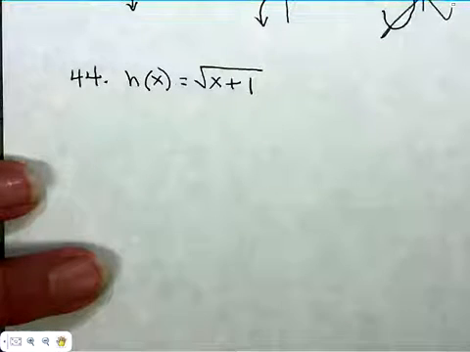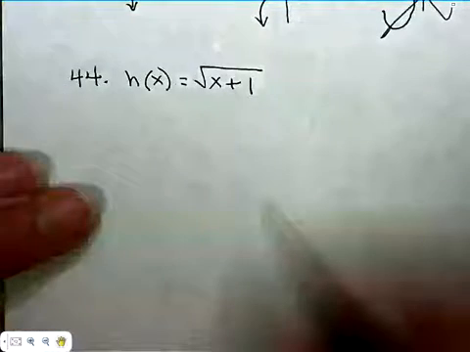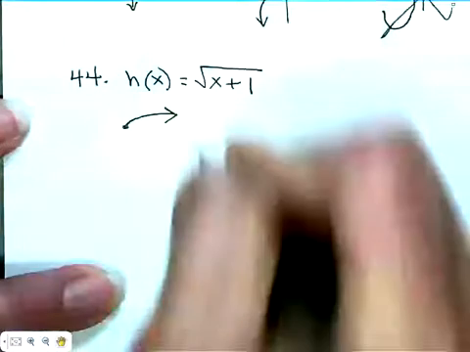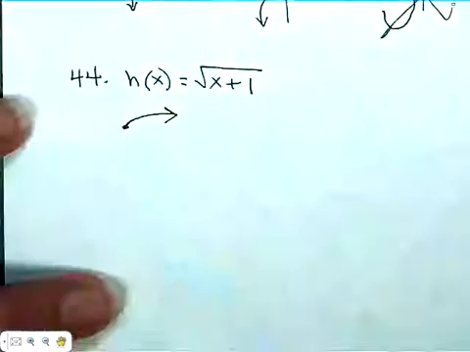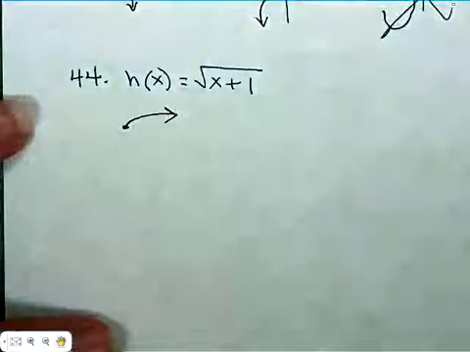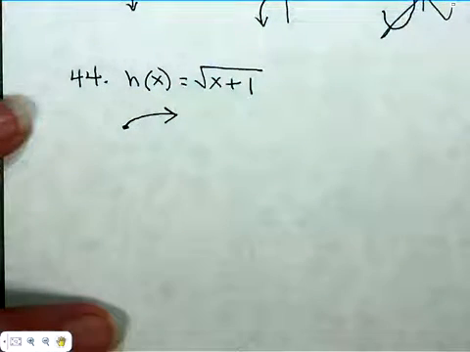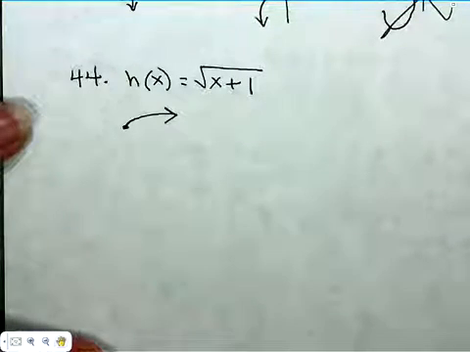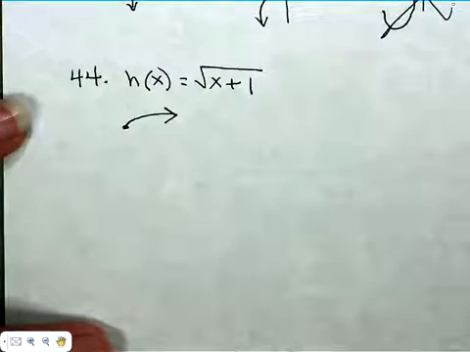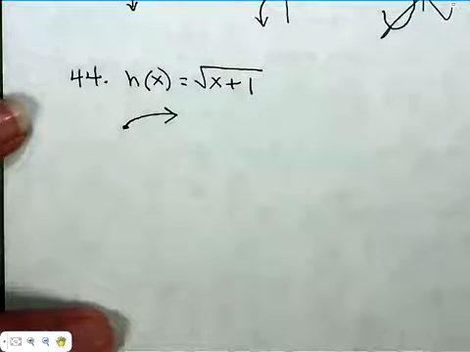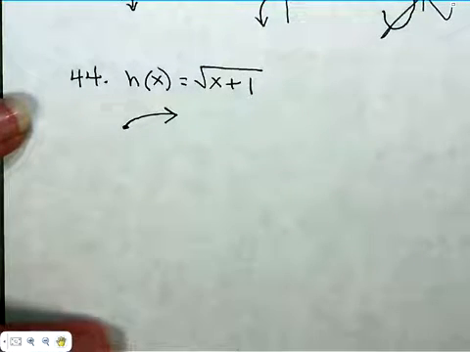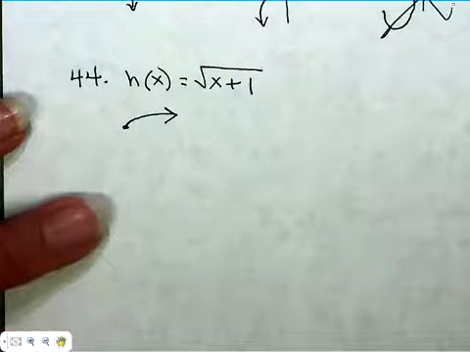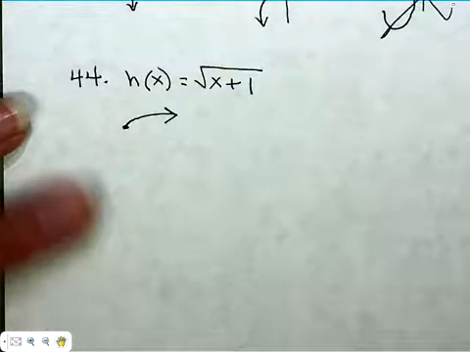That's half a sideways parabola that normally starts at the origin because 0 is the smallest thing you can take the square root of. Now that 1 is under the radical, it's added to x before I take the square root. Does that mean it's a horizontal shift or a vertical shift? Horizontal, and specifically that horizontal shift's the opposite of what I expect, so this graph moves left 1.